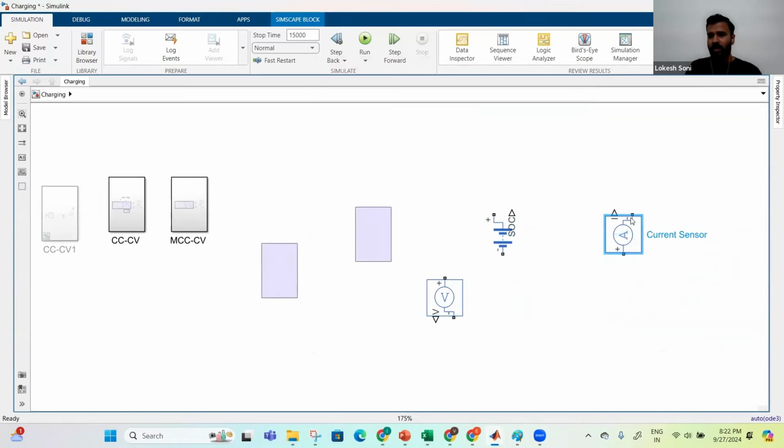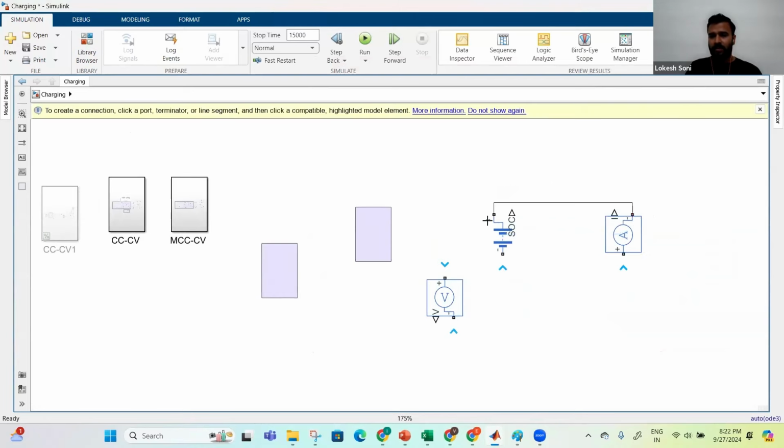I'll not be doing the whole implementation. It would take too much time. One hour is not enough, but I'll do as much as possible for the main part. So my battery is here, and my voltage measurement and current measurement are here.